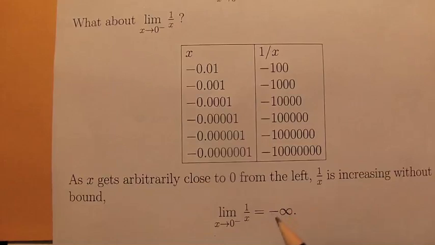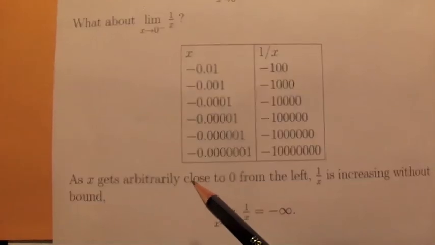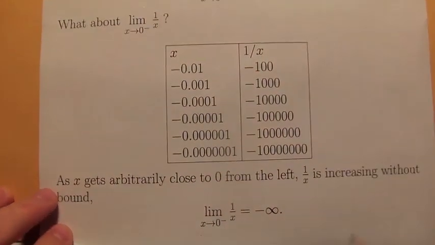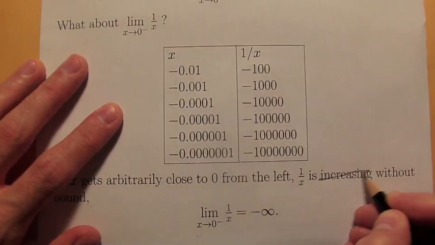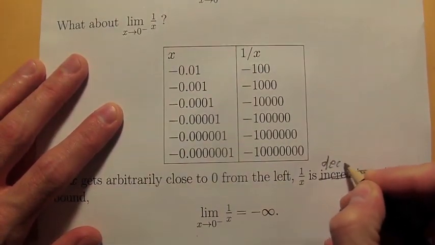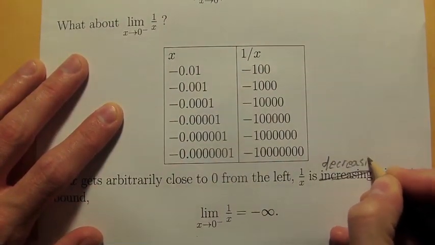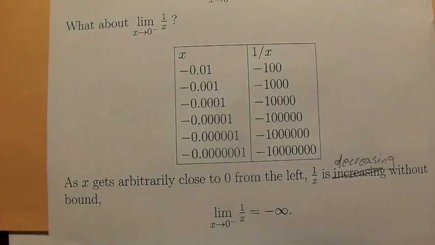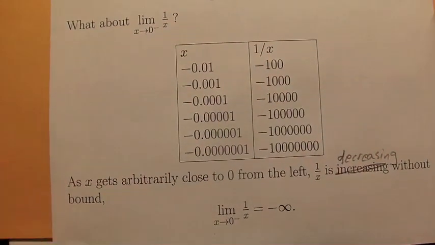So, looking at this table, we see that as x gets arbitrarily close to 0 from the left, 1 over x is not actually increasing without bound, it's decreasing without bound. Okay. And what we say there is basically 1 over x is going to negative infinity, right? Going down to negative infinity.